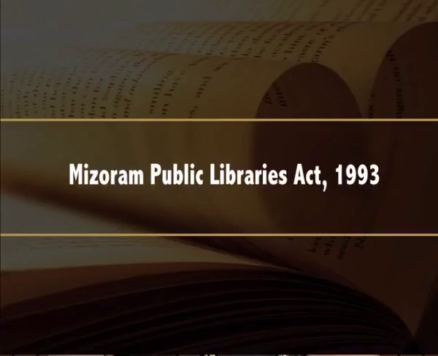Mizoram Public Libraries Act 1993. Mizoram Public Library Services Bill was drafted first in 1980, but it was not materialized into Act. Again in 1988, a draft bill was prepared and submitted before the government.